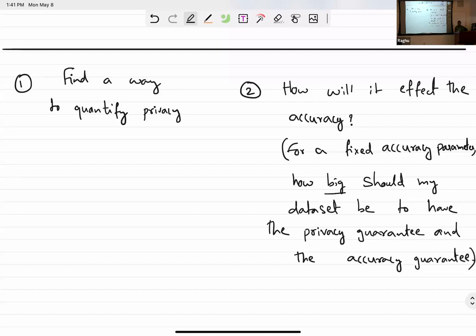Both of these are the same. How will it affect the accuracy? If you know that, then you can reverse engineer and find out, okay, if my allowed accuracy loss is 0.1, and my desired privacy, quantified in some way, is something, how big should the data set be? And typically, we think bigger data sets are better for individual privacy.